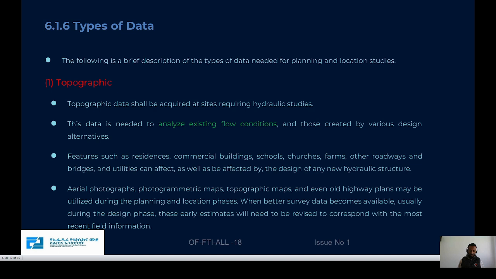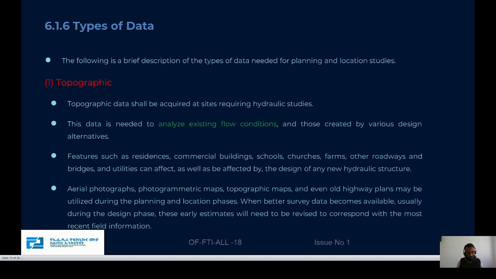The first is topography. The topography is acquired at the site requiring the hydraulic studies. So this data is needed to analyze the existing flow conditions. The widths, the heights, and the geometrical data will be collected from the topographic.